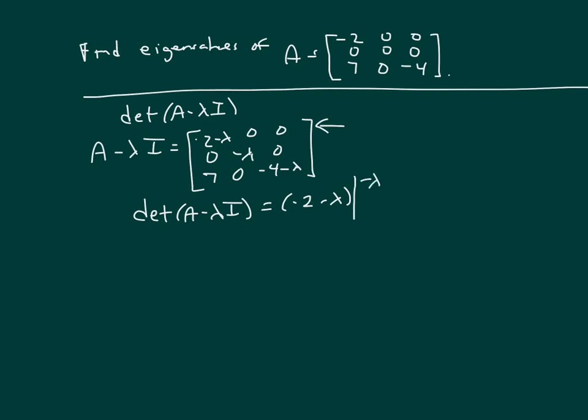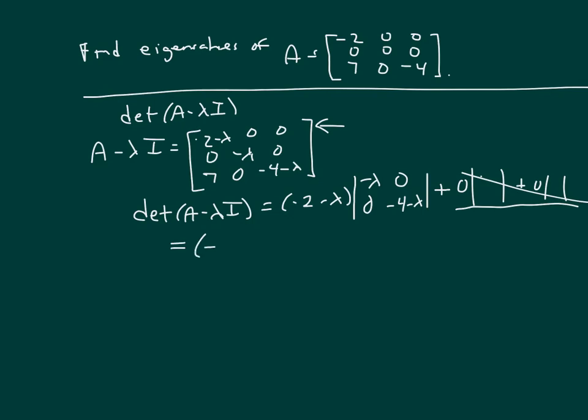Right, and we've got negative lambda, 0, then 0, negative 4 minus lambda. Notice that our other two entries in the cofactor expansion are going to be multiplied times 0, so we don't have to worry about those.